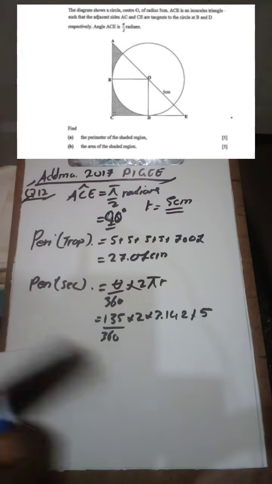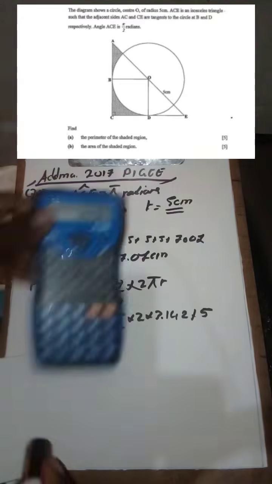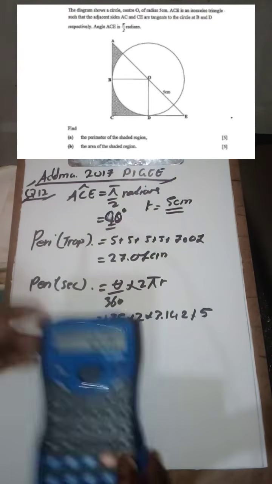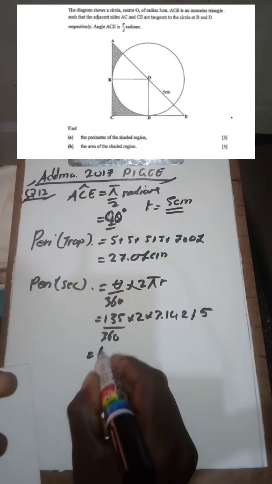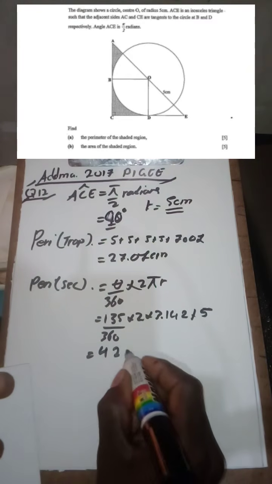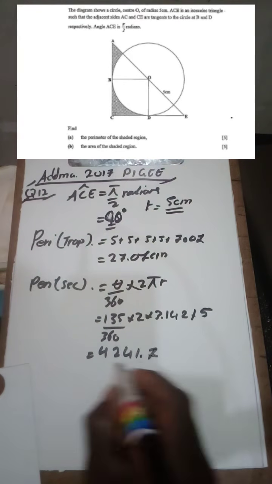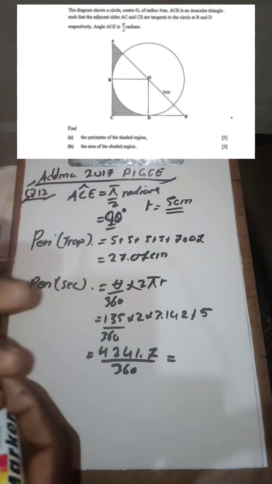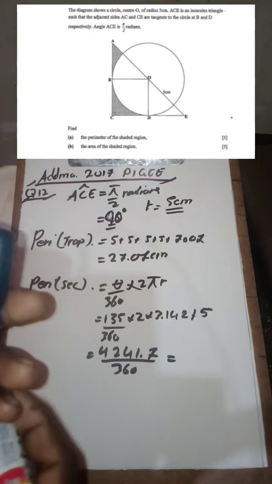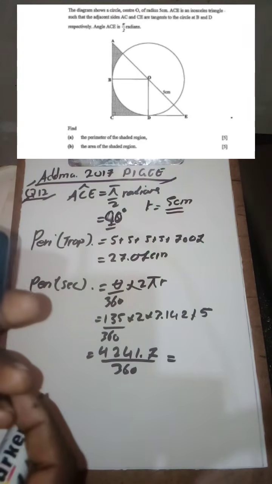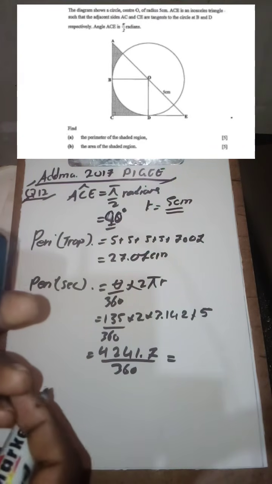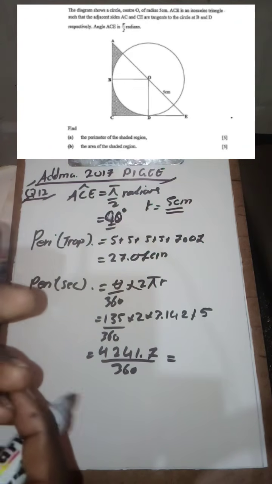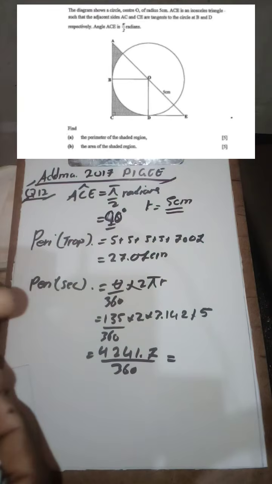Okay, so we say 135 by 2 by 3.142 by 5. We are getting 4,241.7. We divide by the 360 that we have. That is that.